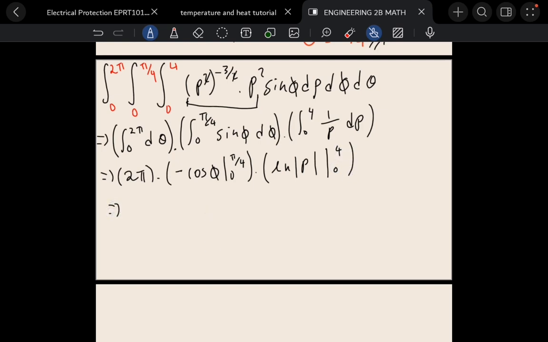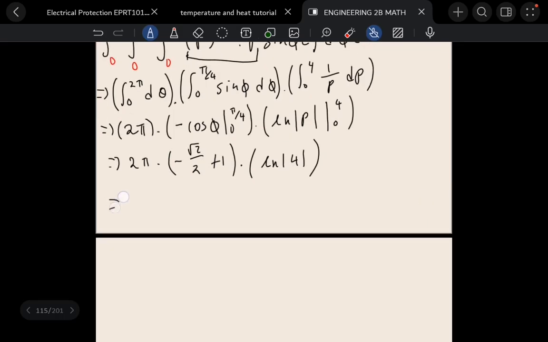Now, to do the calculations exactly, I'm going to have 2 pi times negative root 2 over 2 plus 1, times ln 4, because ln 0 is 0.